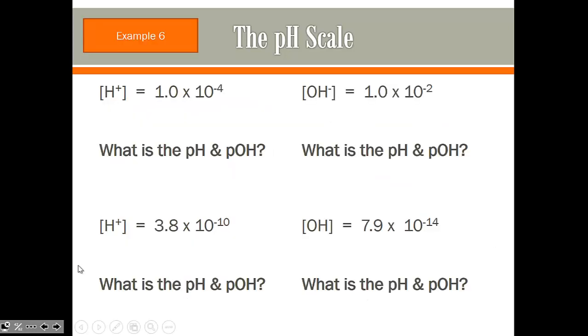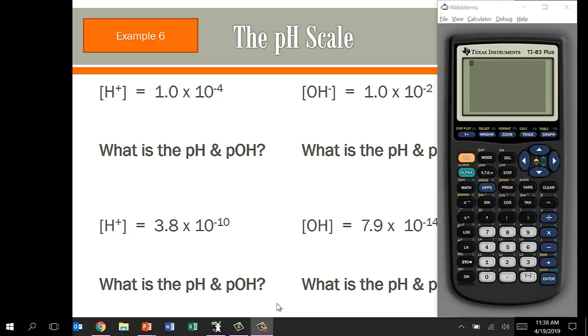So let's do just that. If I know the concentration of hydrogen ions, I can find the pH. I can use that to find the pOH. So find example 6 in your packet and grab a calculator. So if the concentration of hydrogen ions is 1 times 10 to the negative 4th, we can find the pH directly, because pH is simply the negative log of the concentration of the hydrogen ions.